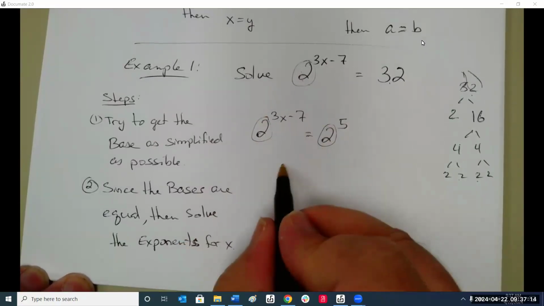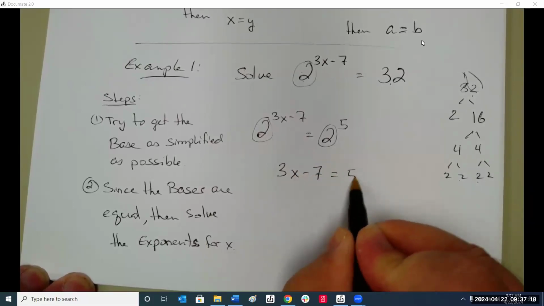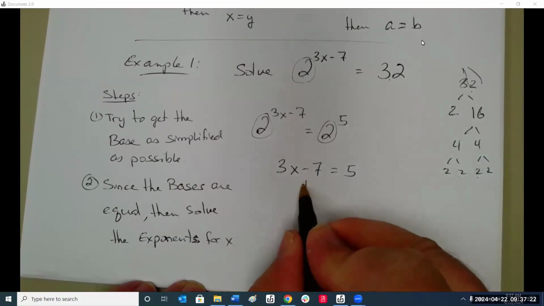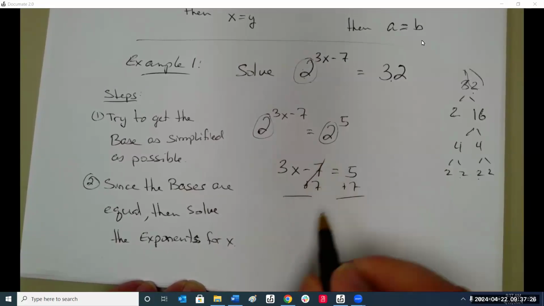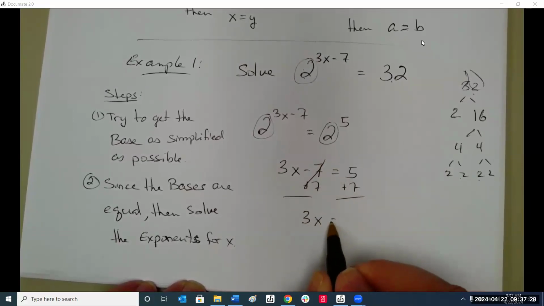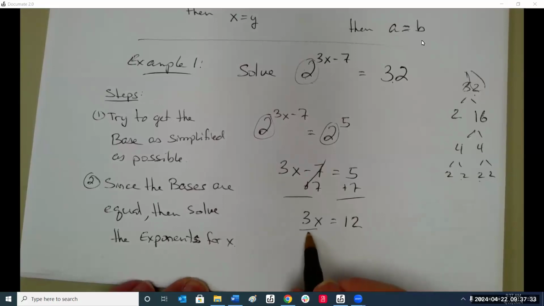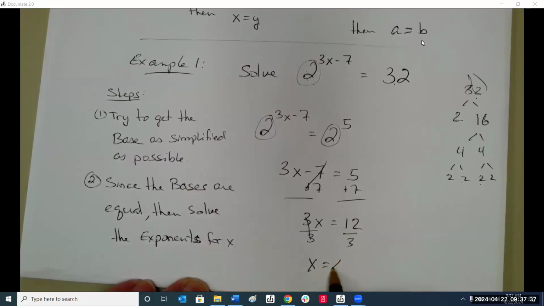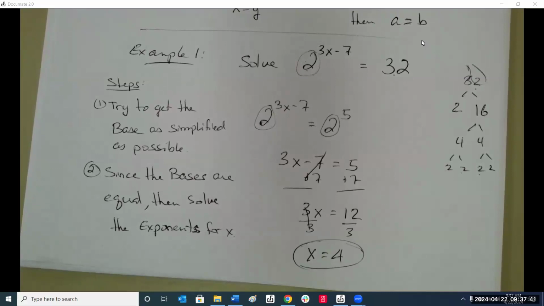So since both bases are the same, we set the exponents equal to each other and solve for x. Add 7 to both sides. Divide by 3. And there's your answer.